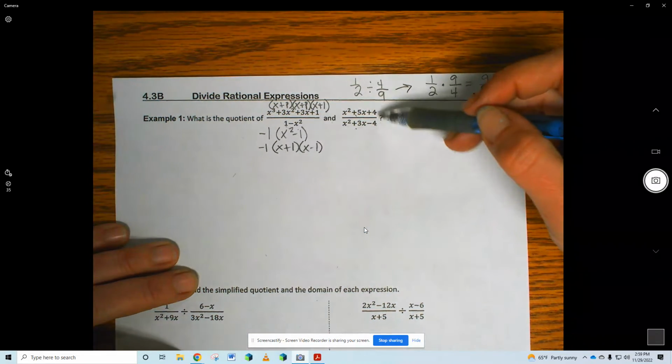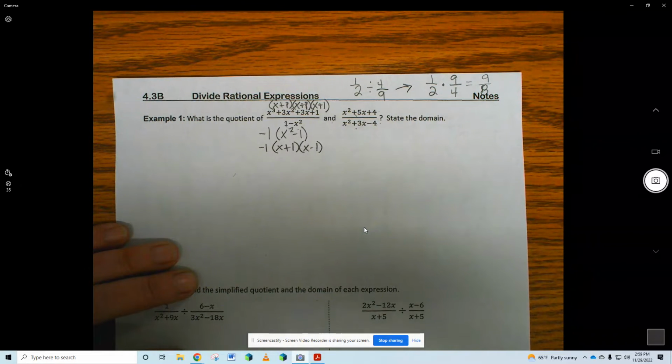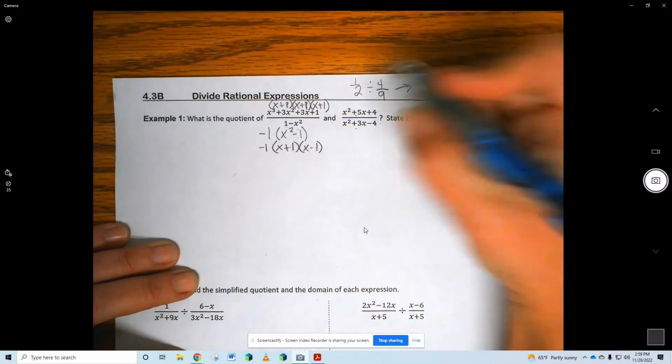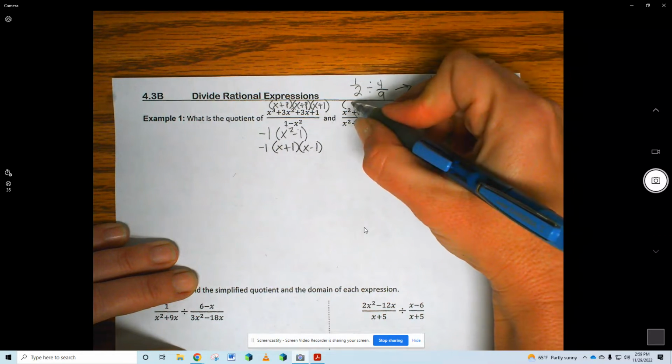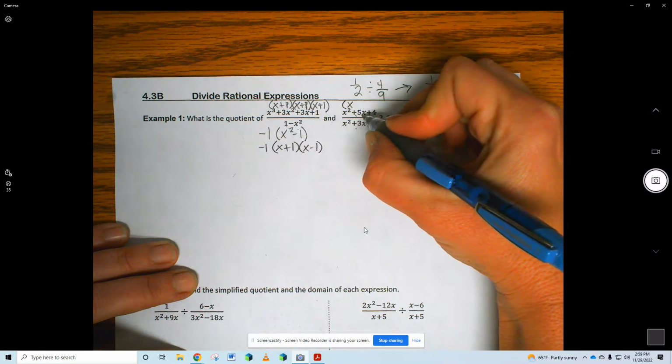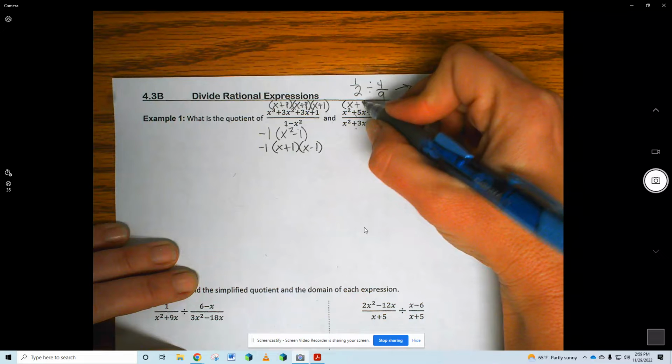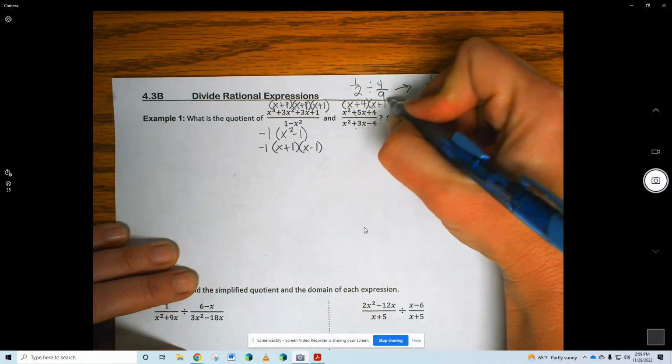And then I'm going to factor my second fraction. I'm not flipping it yet. I want to factor everything right off the bat. X squared plus 5x plus 4. What is it? It is good.